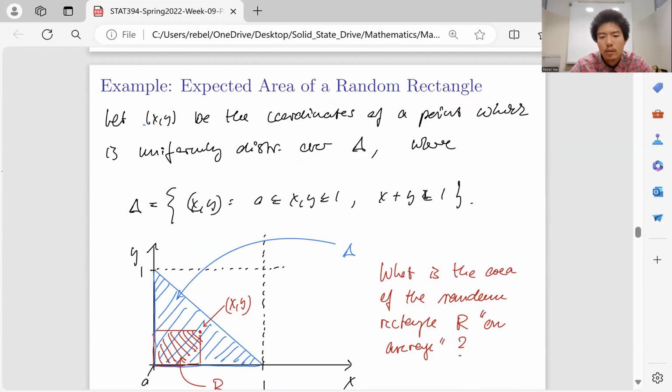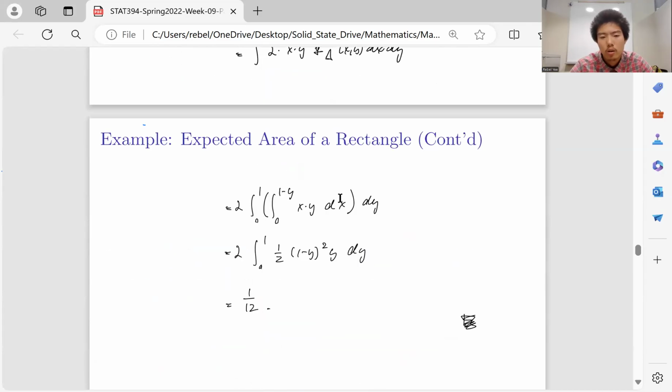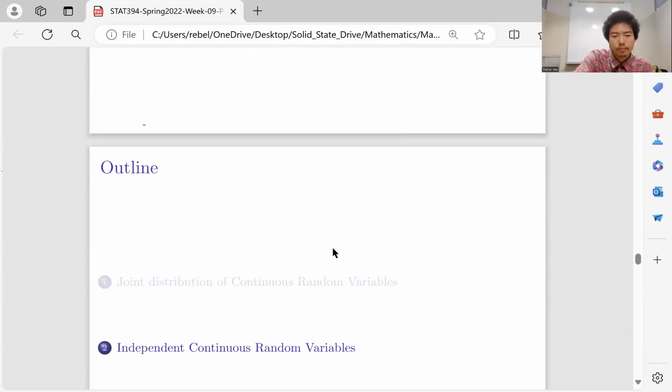So now x is smaller or equal to 1 minus y, right? When we first calculate the integration over x, we notice its boundaries are between 0 and 1 minus y. Doing it out, we can figure out it's 1/12.